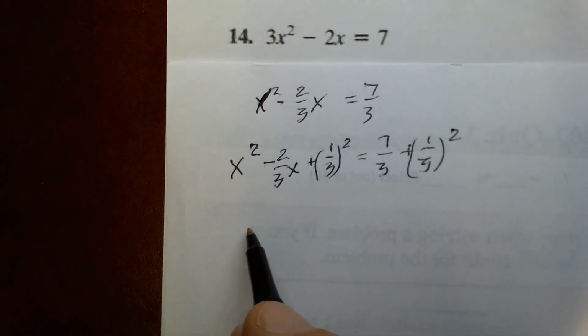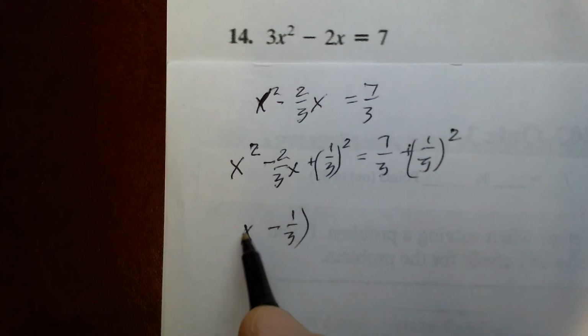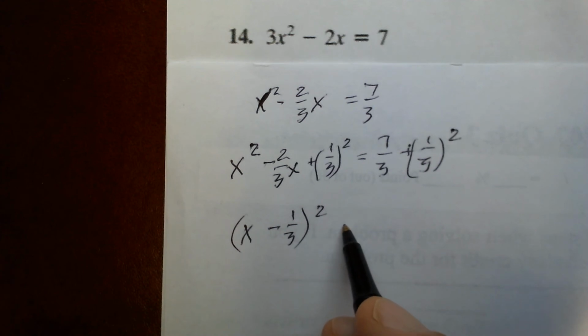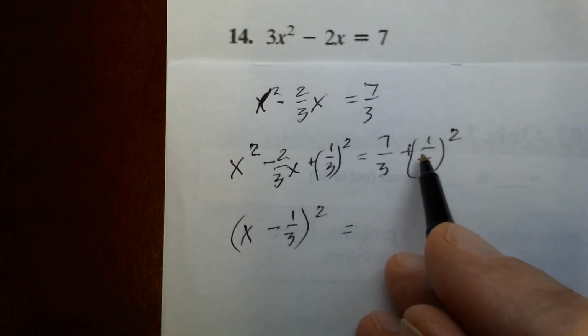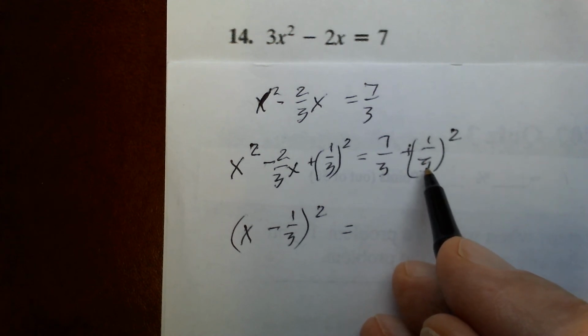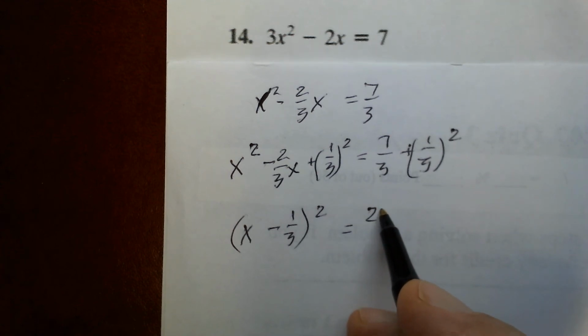And so then on the left side we have x minus 1/3 squared. And then on the right side we have 7/3, and 1/3 squared is 1/9. So combining 1/9 and 7/3 would be 22/9.